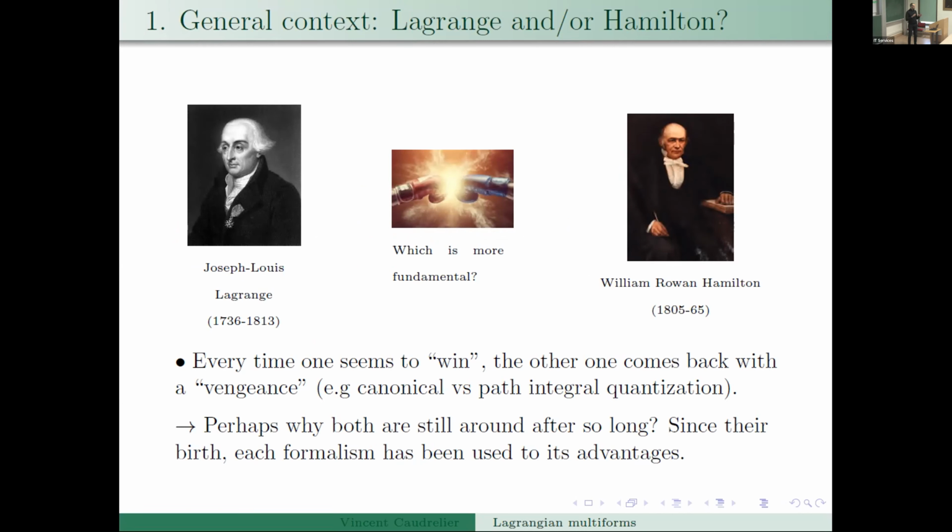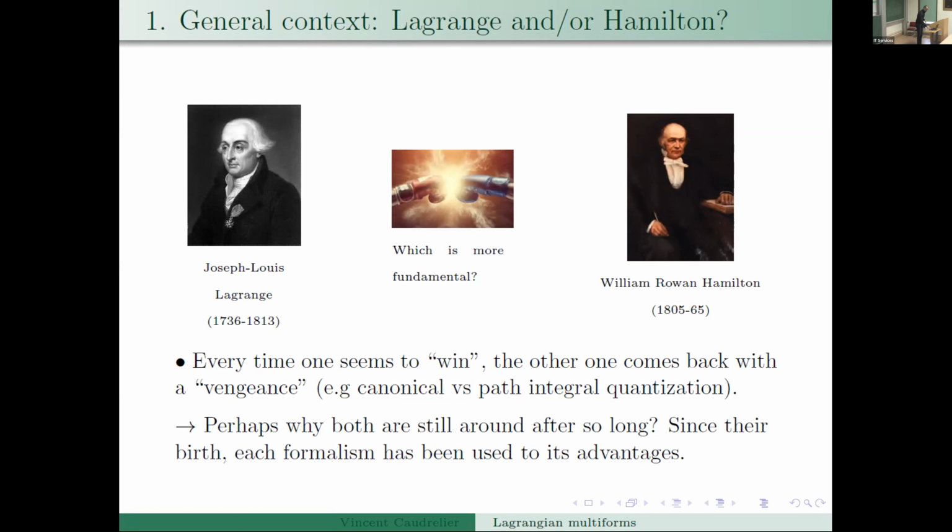My own view is that you should really use them in combination, because one always tells you something that the other one cannot tell you. History has shown that when one seems to win, the other one comes back with a vengeance. One famous example is canonical quantization in the early 20th century, and then Feynman came and said, no, Hamiltonian is not the full story. Lagrangian is also very powerful.